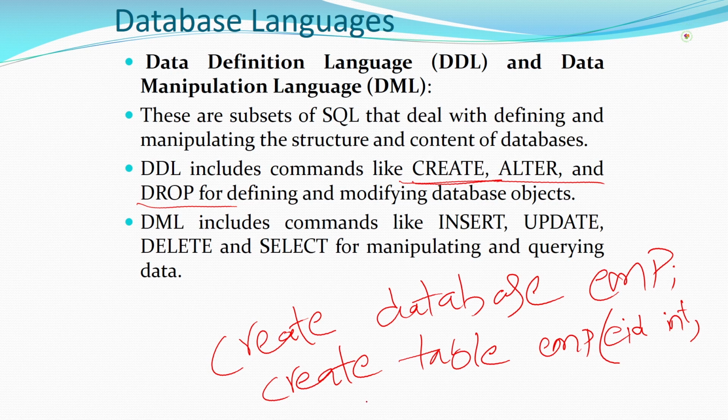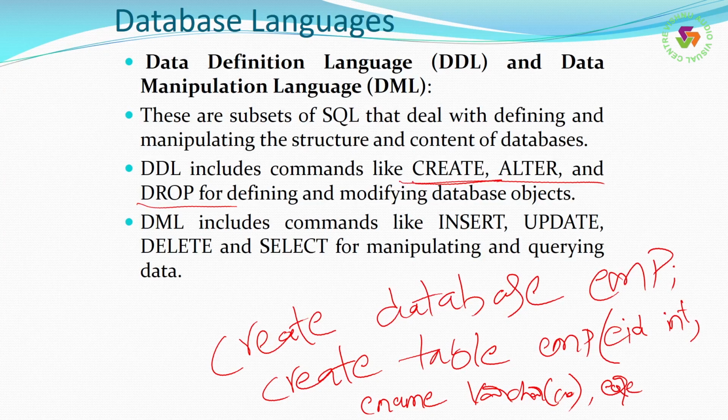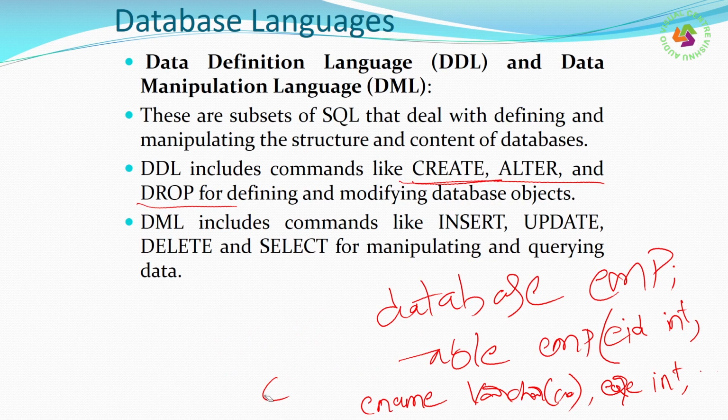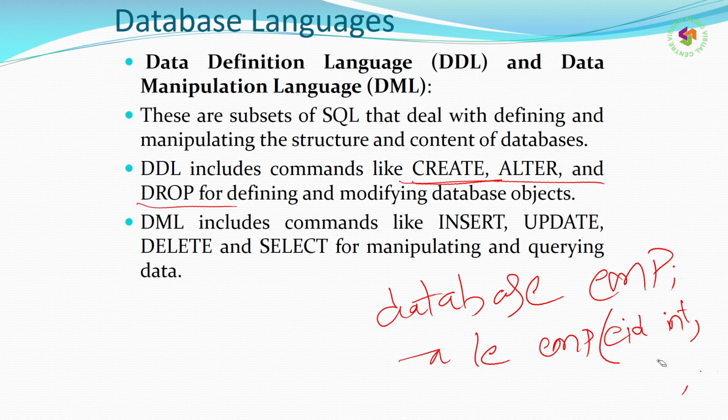Next, ename with data type varchar, and EAge, that is int. Like that we can give any number of attributes to different tables, just by using the create command.